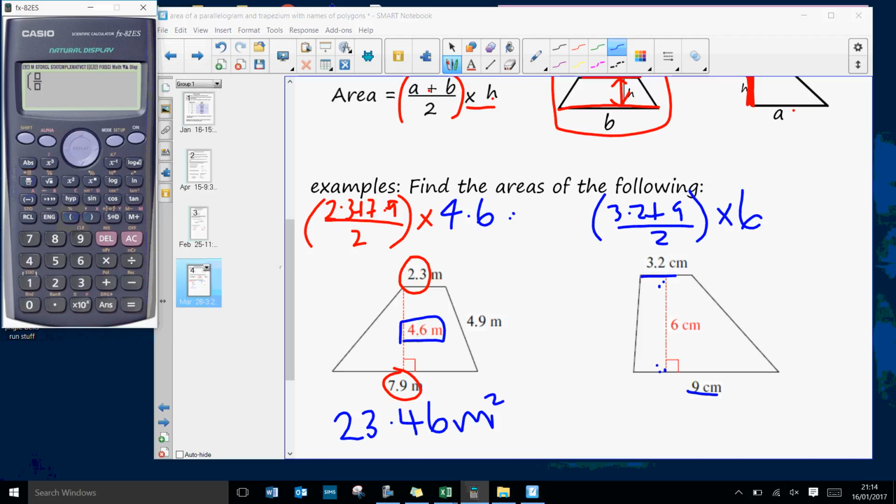So we've got 3.2 plus 9 on the top and 2 on the bottom, and then close my bracket, and then we're going to multiply that by 6. Again, SD to give us decimal value, so we have 36.6 centimeters squared.